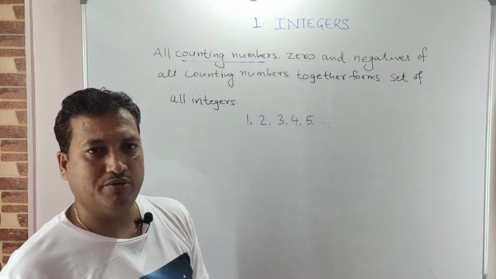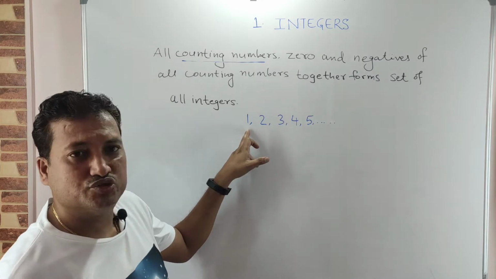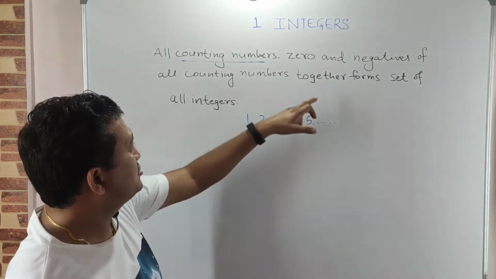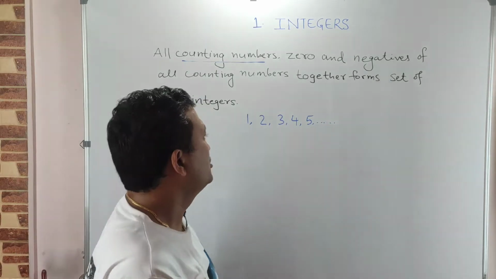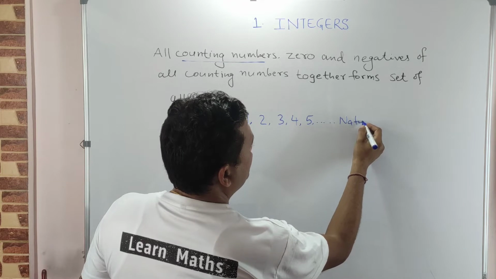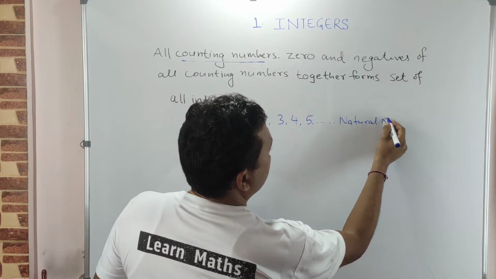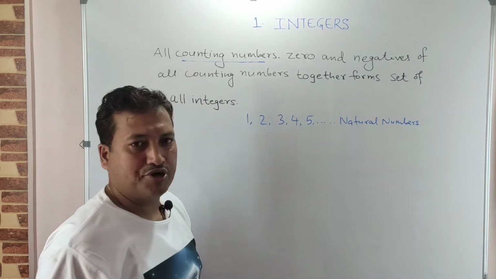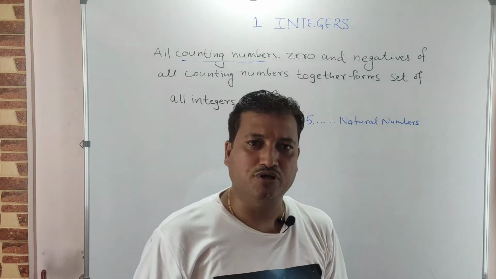They are uncountable. So 1 is called the smallest counting number, and these counting numbers are also known as natural numbers. So natural numbers means counting numbers, and counting numbers means natural numbers.